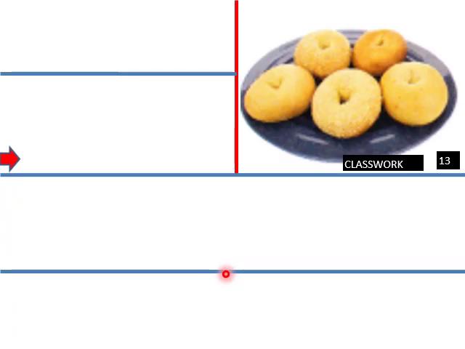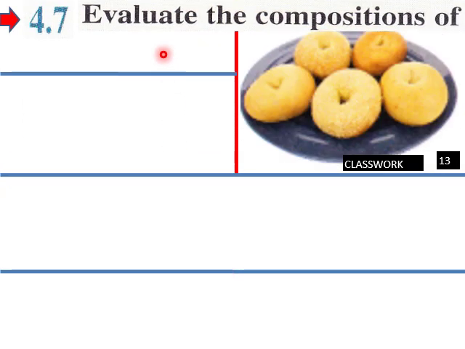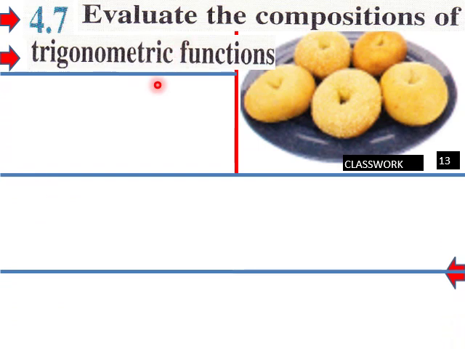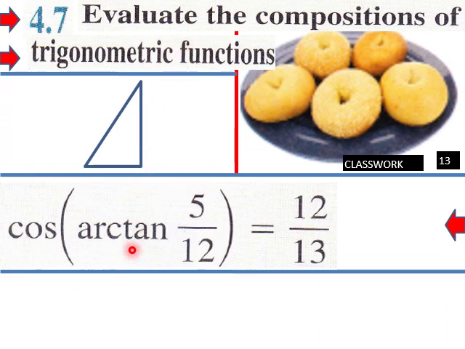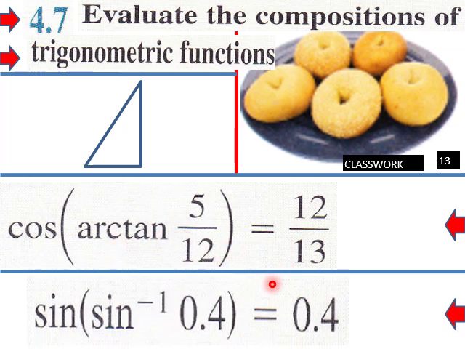And then we get into 4.7, evaluate the compositions of trigonometric functions. So cosine of arctan 5 over 12 equals 12 over 13. And then the sine of sine to the negative 1 of 0.4 would equal 0.4, because the sine of its inverse would just leave 0.4 for that.